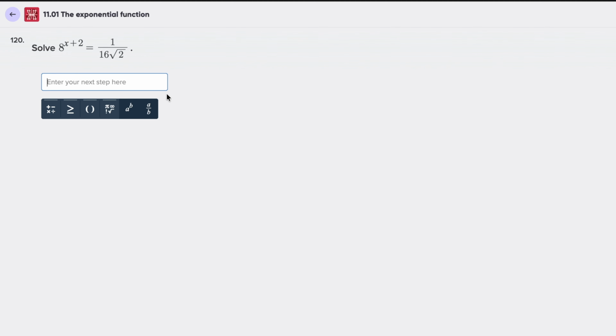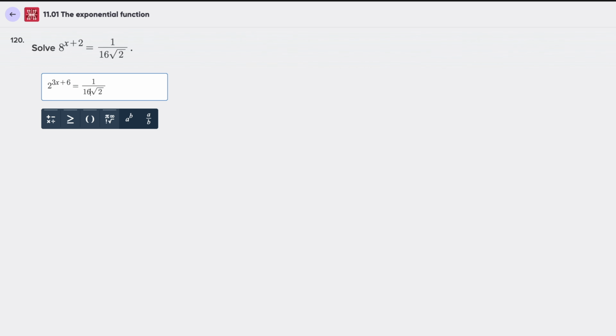Eight to the power of x plus 2 can be rewritten as 2 to the power of 3x plus 6, and that is equal to 1 over 16 times the square root of 2. 16 can be rewritten as 2 to the power of 4, and the square root of 2 can be rewritten as 2 to the power of 1 over 2.